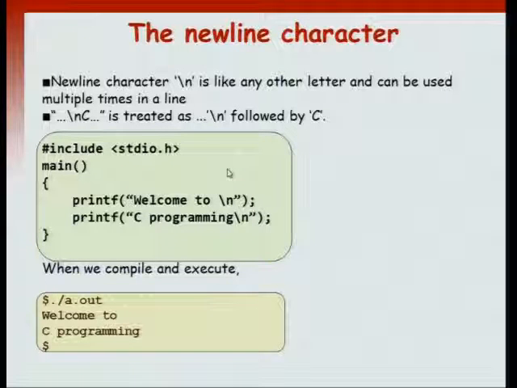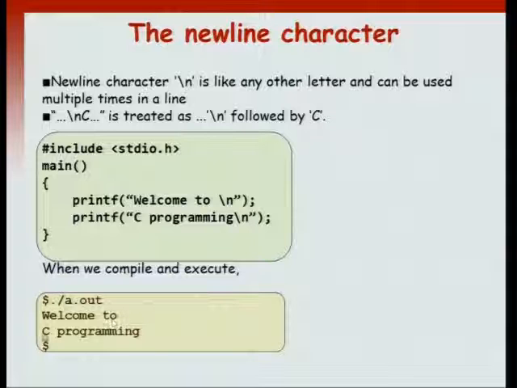Okay. So let's see a particular example. If you have the old program that we just wrote, but we end each message with a \n. Okay, so we have printf welcome to \n, printf C programming \n. Okay, when we compile and execute, we will see something new. So when we run this as ./a.out, it will print welcome to, and then the next thing to print is a \n, which is a new line.